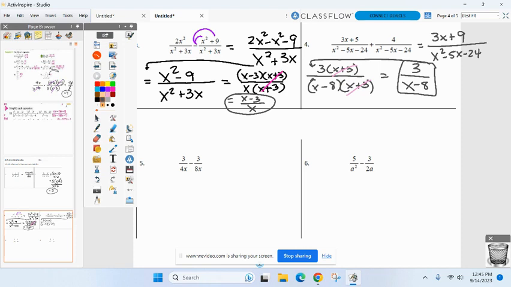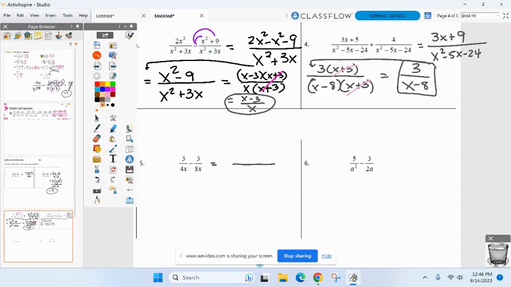All right, so now I need to talk about this process of finding what's called a common denominator. Because I just can't do 4x minus 8x. No, no, never. All right, let's start with the 4 and the 8. I'm looking for the smallest number both go into.